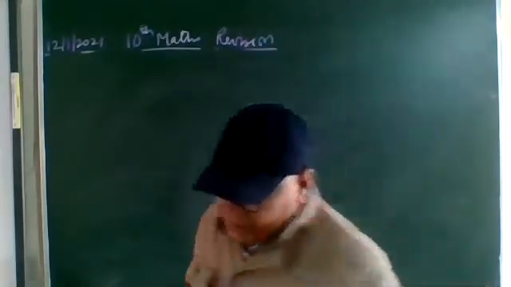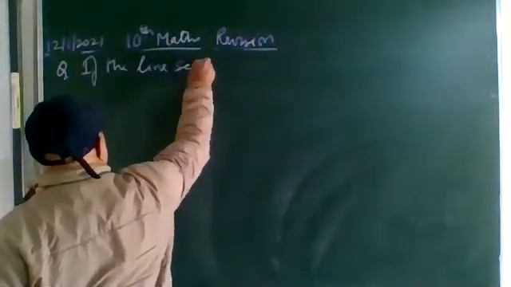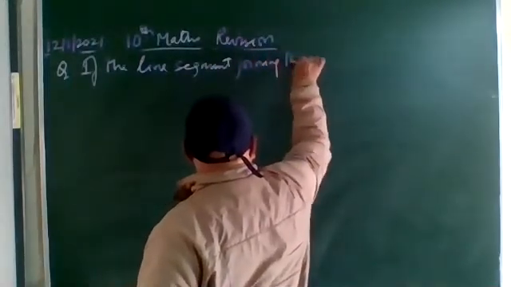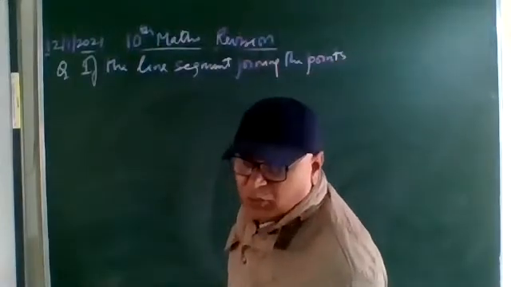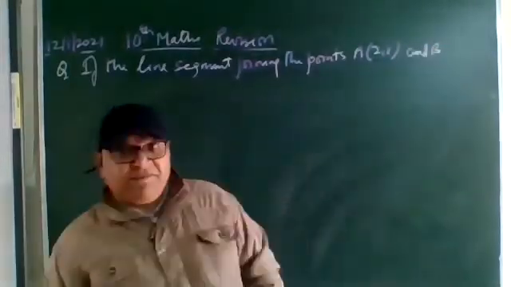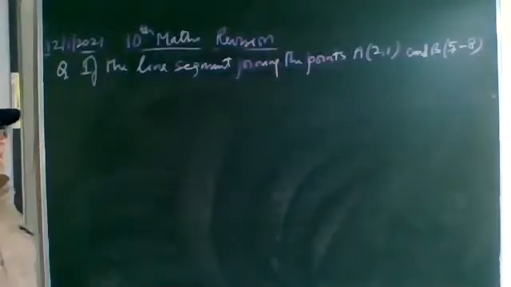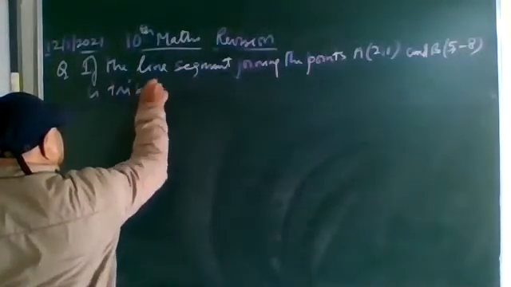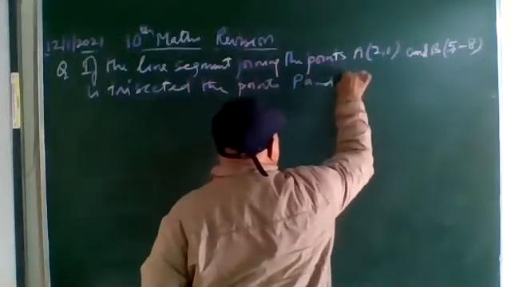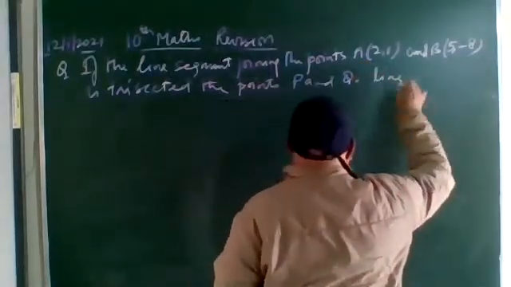Next question: if the line segment joining the points A (2, 1) and B (5, -8) is trisected by the points P and Q, one more part is added in this question.